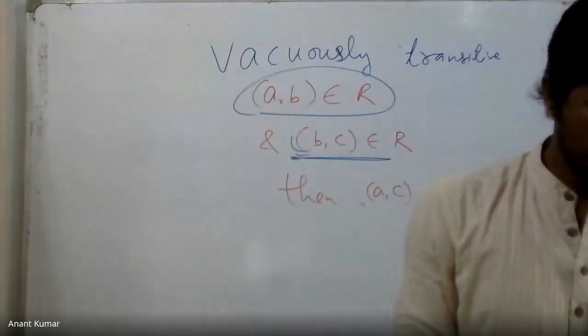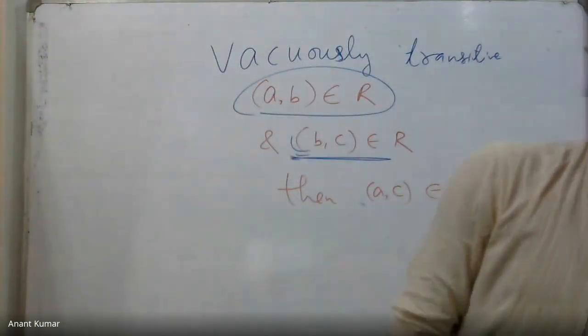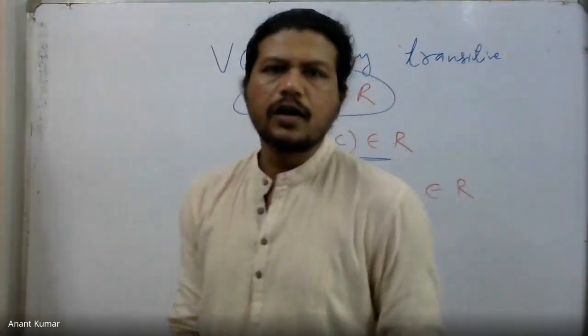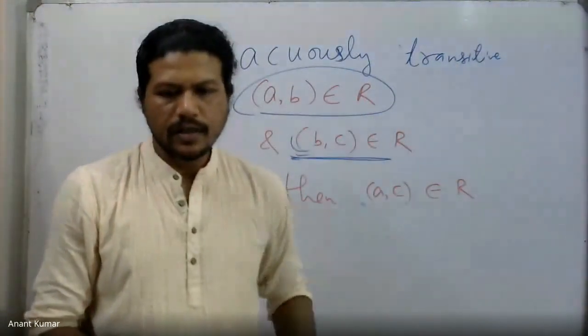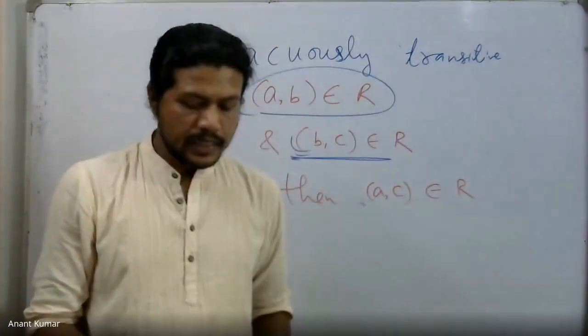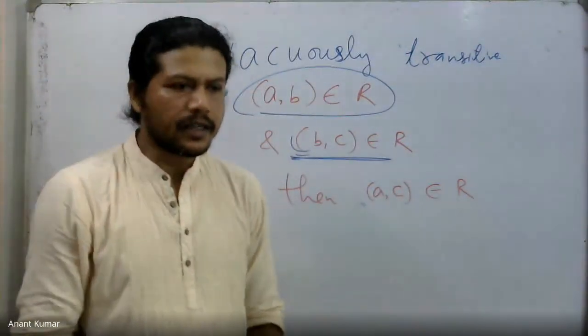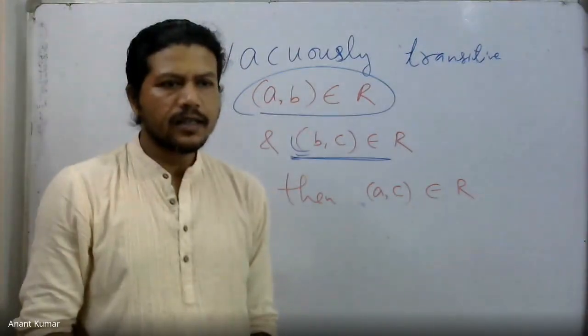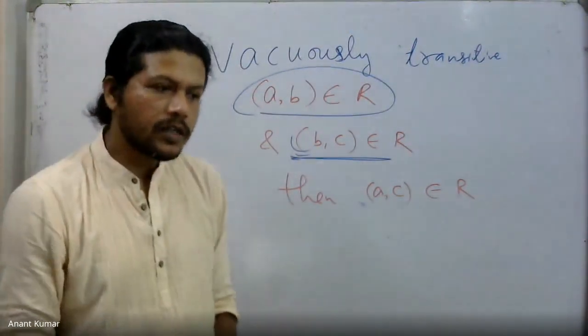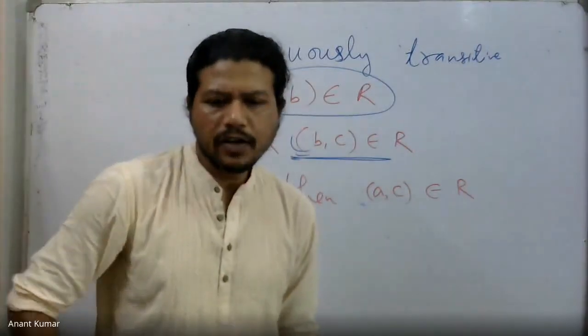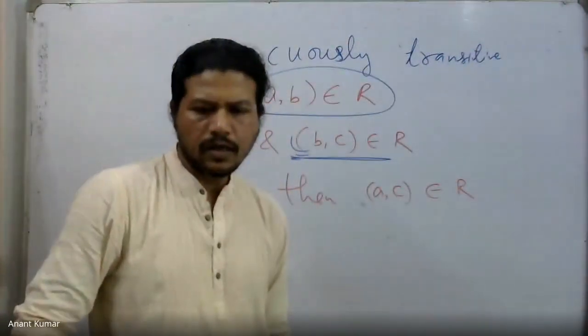Basically, if something is not contradicted, it becomes a vacuous truth. If the definition of antisymmetric requires... Ankit, okay.